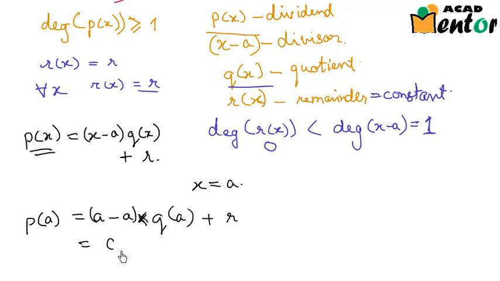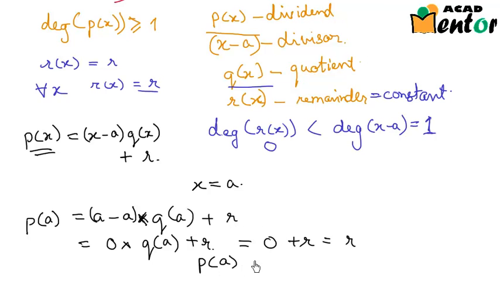So this is nothing but 0 into q of a plus r. Now whatever be the value of q of a, the first term has to be 0, plus r, that is r. So essentially p of a is equal to r, and that is what the remainder theorem said, hence proved.